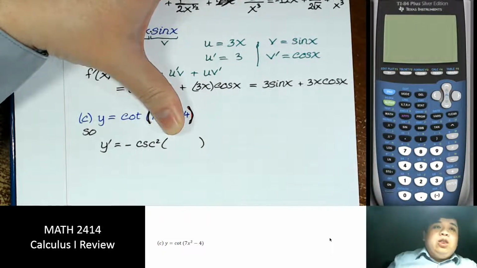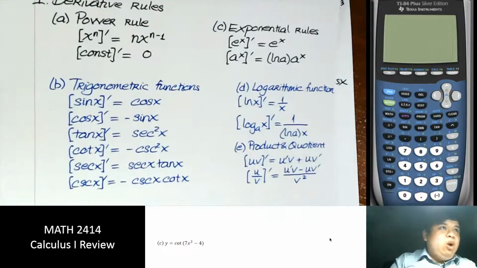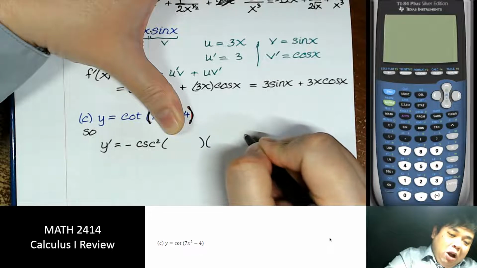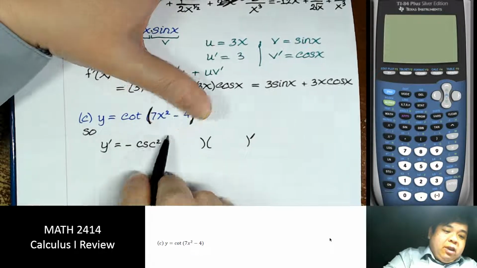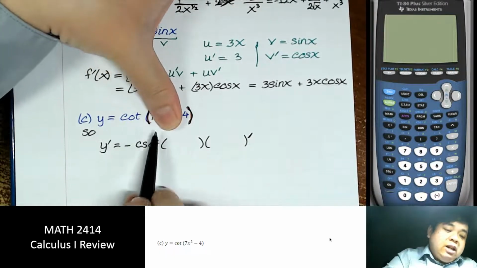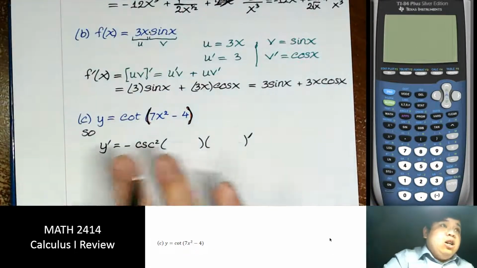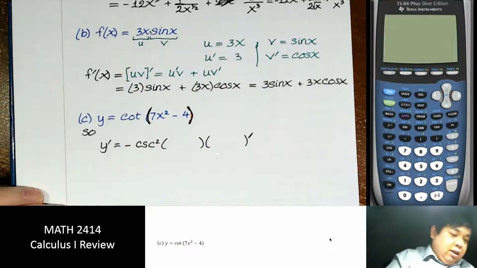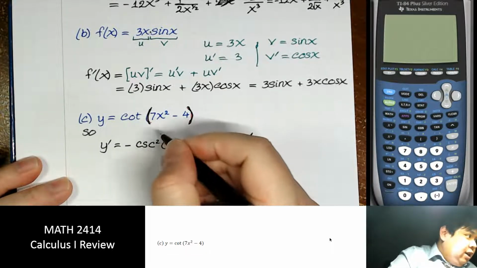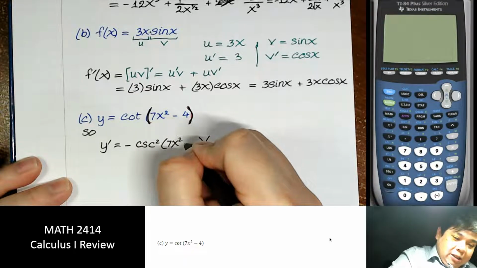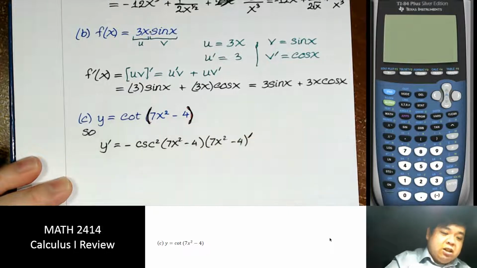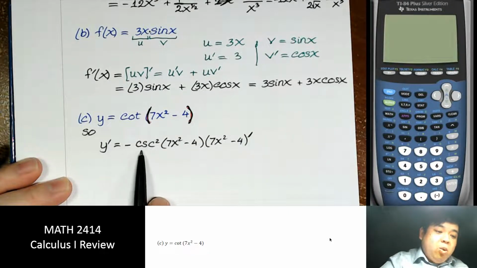and the one rule that we did not write here, which is the most important, is the chain rule. The chain rule says always multiply by the derivative of the inner function. In that case, that is 7x squared minus 4. So it doesn't matter what is inside the parentheses, that's what we have. So we have negative cosecant squared of 7x squared minus 4, and there's nothing else here, which is good.